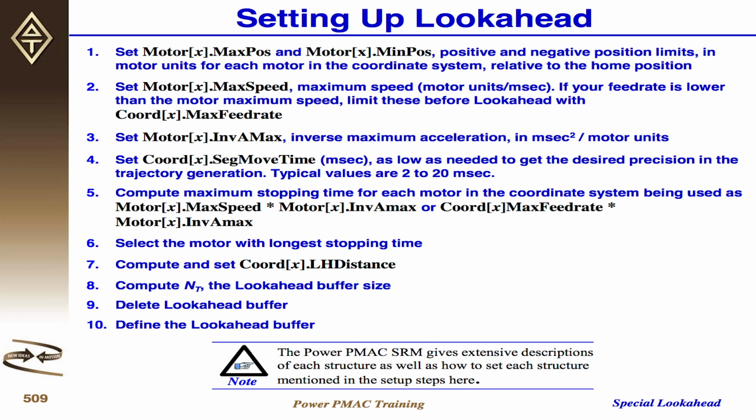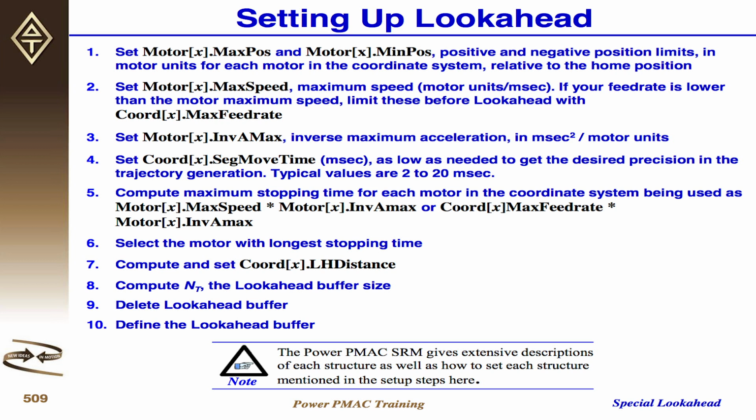Or if your maximum speed is the chord x dot max feed rate, then you multiply that with the inverse of the acceleration. That will give you the stopping time. Now select the motor with the longest stopping time and then compute the chord x dot lookahead distance, LH distance.